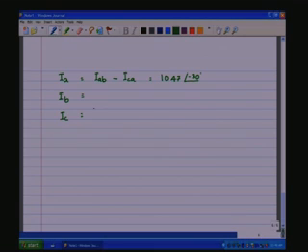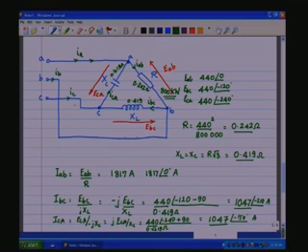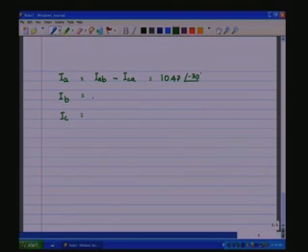And IB: IB is IBC minus IAB, which is also 1047 at a reference angle of 210.